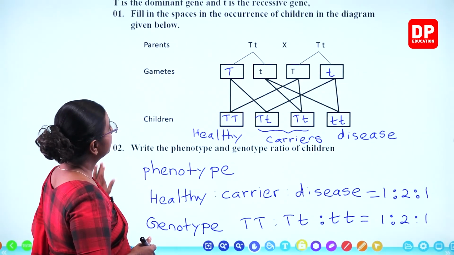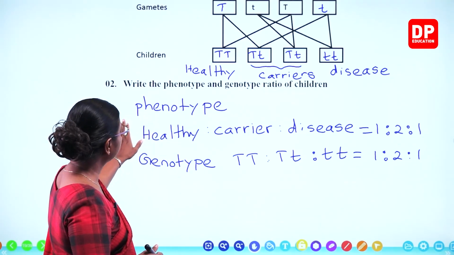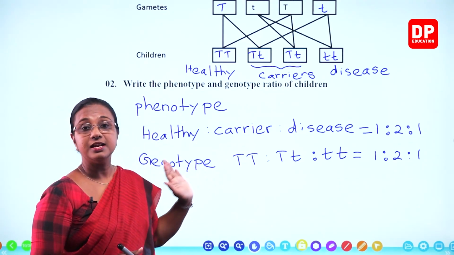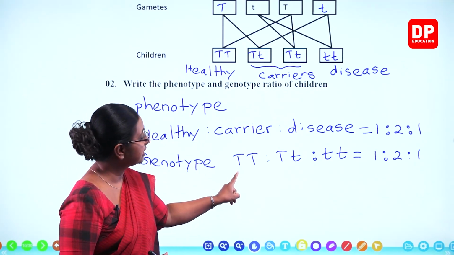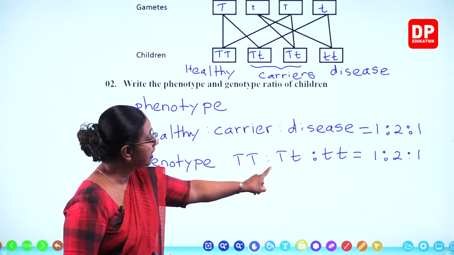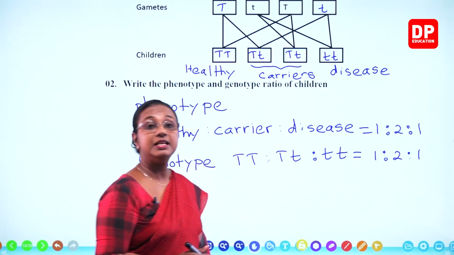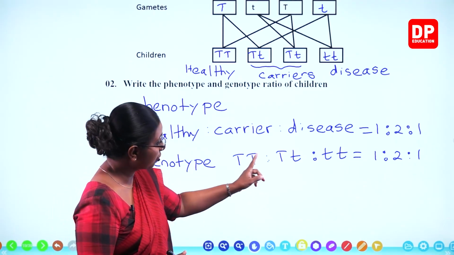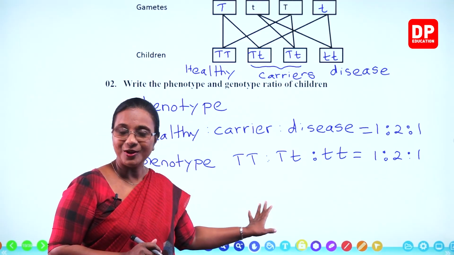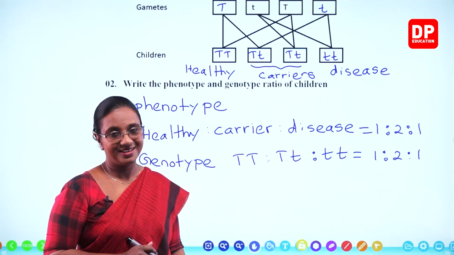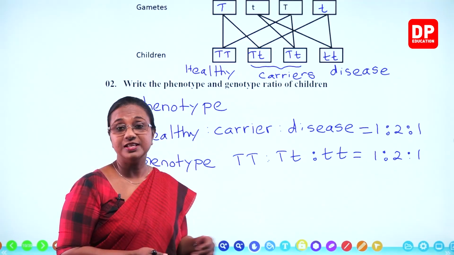Then you need to write down the phenotype and genotype. So phenotype, healthy, carrier and disease. 1:2:1. And genotype, capital T, healthy person, capital T, simple T, carriers, and simple T, disease condition. That is also 1:2:1. I am sure students, you all were also able to answer this correctly. So with this, I'll move on to the last question of this chapter.